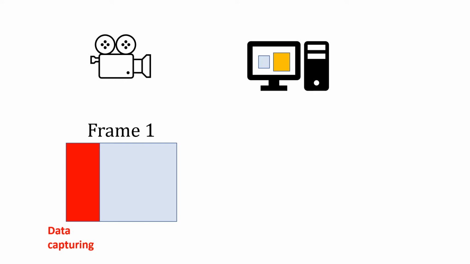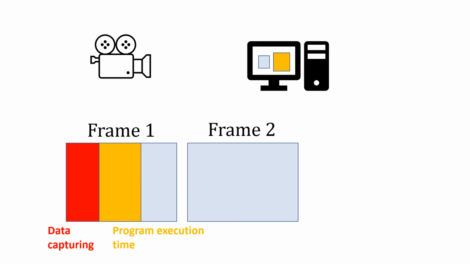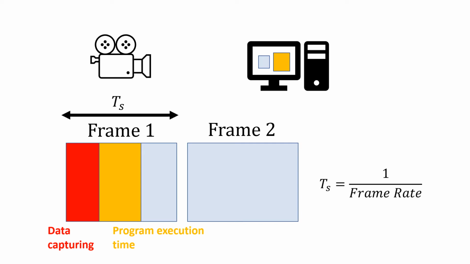And also, once I write a program to process this frame, that program will require some time to be executed. So I have to also consider the program execution time. These two times together should be shorter than the time it's going to take me to acquire the next frame in the video. That time is just given by 1 over the frame rate.